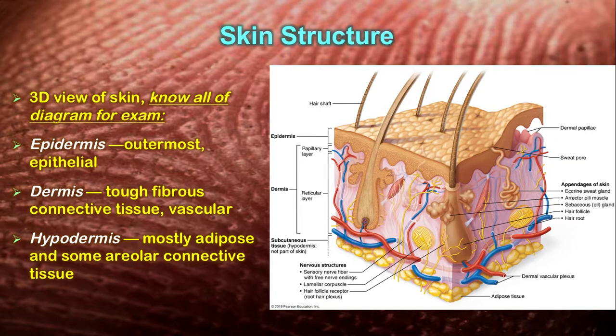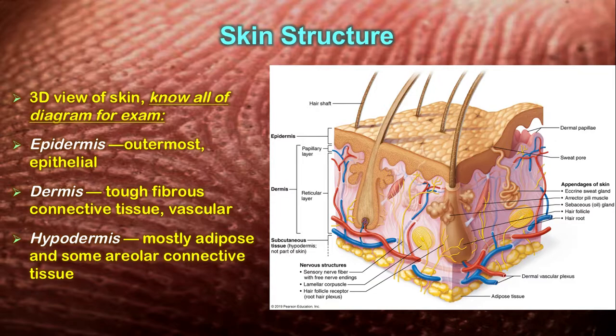We also have an erector pili muscle, and we're going to talk about all these later. But it's right here. It connects to the hair follicle and goes up to the skin. It helps move the hair. So when your hair stands on end, it's because your erector pili muscle has contracted.